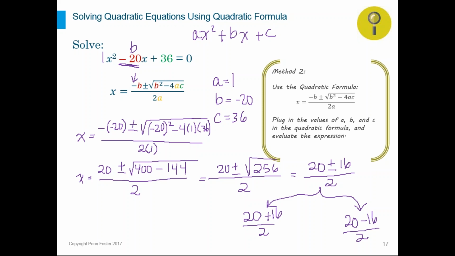That's why we have the plus over the minus here. Okay, evaluate each expression. 20 plus 16 over 2 will give you 18. And the other option, 20 minus 16 over 2, will give you 2. Your two values of x are x equals 18 and x equals 2.